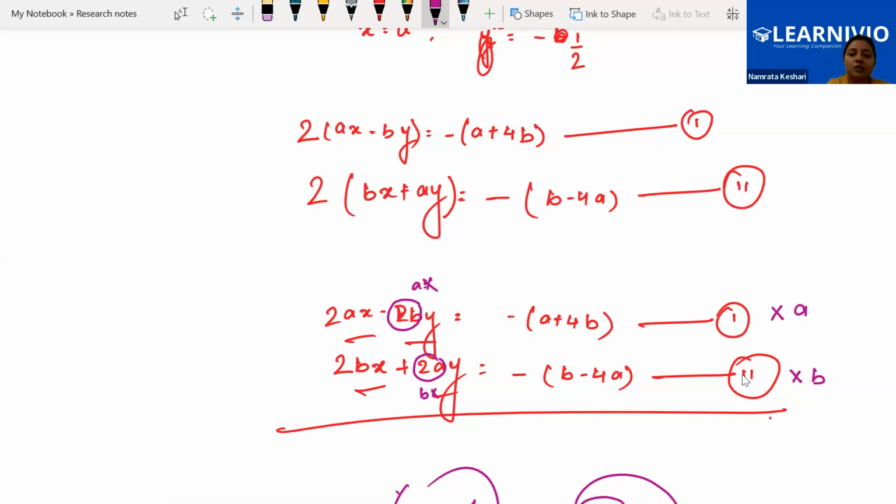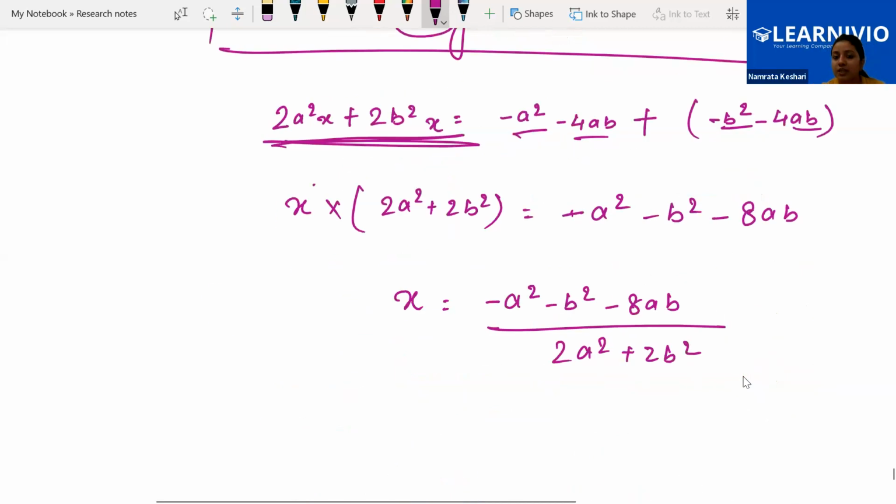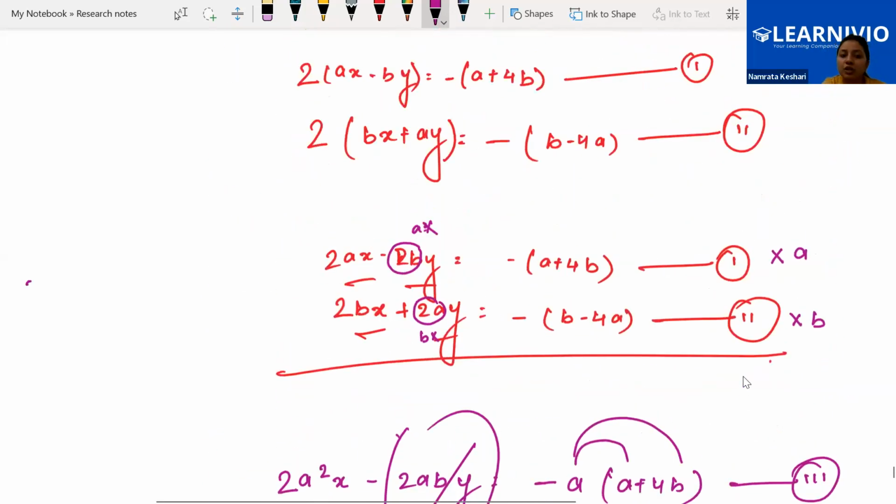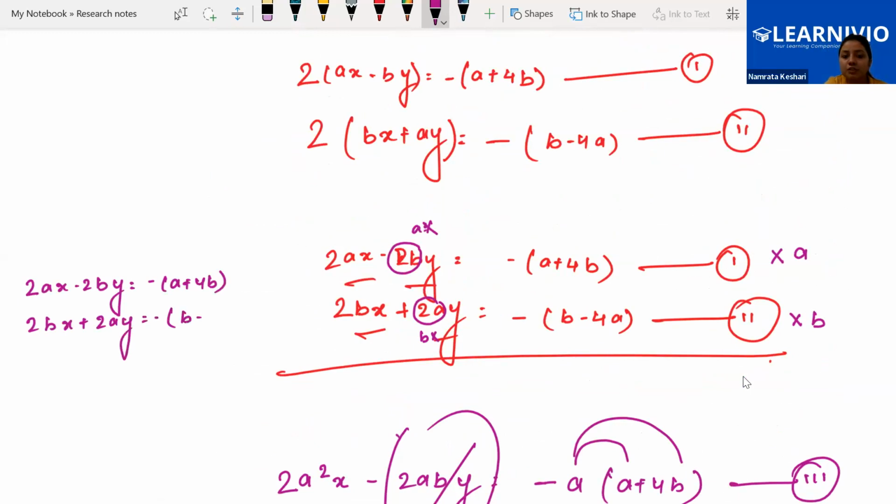Please don't substitute it. Better you can do that: 2ax minus 2by is equal to minus a plus 4b, and the other one is 2bx plus 2ay is equal to minus b minus 4a.